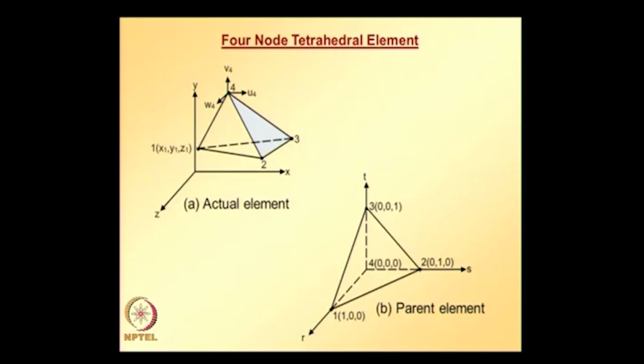Node 1 is located at 1 0 0, node 2 is located at 0 1 0, node 3 is located at 0 0 1, node 4 is located at the origin 0 0 0 in RST coordinate system. So, actual element is going to be mapped onto this parent element when we are deriving element equations.